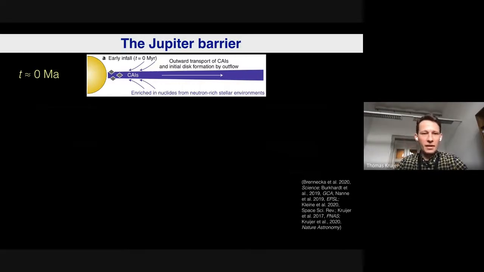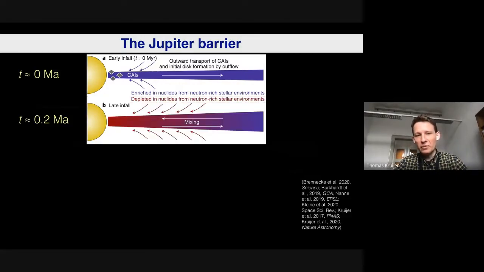What must have happened, and this has probably happened already quite quickly, in a few 100,000 years, is that the infalling material onto this disk from the molecular cloud changed in isotopic composition towards a more NC-like composition. This change in infall, this heterogeneous infall, is the fundamental process that may have led to these heterogeneities within the disk.